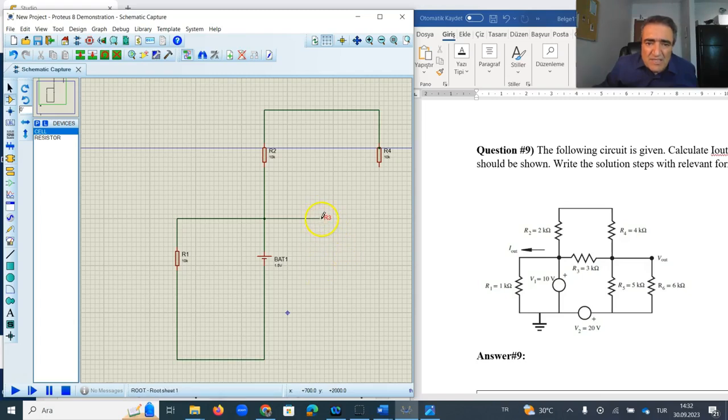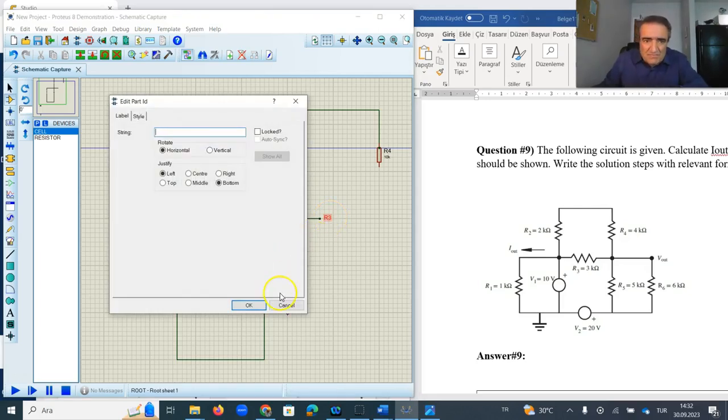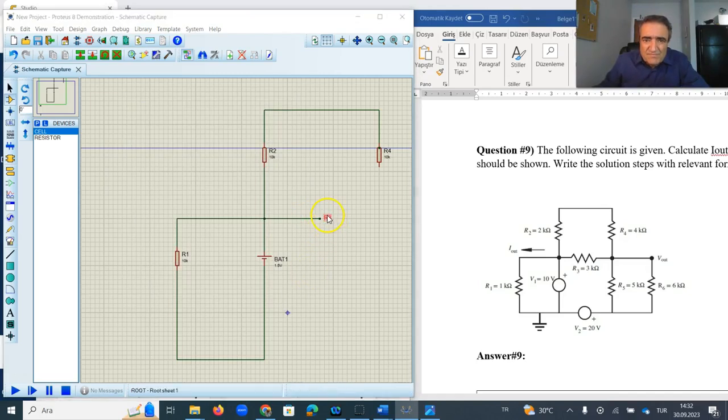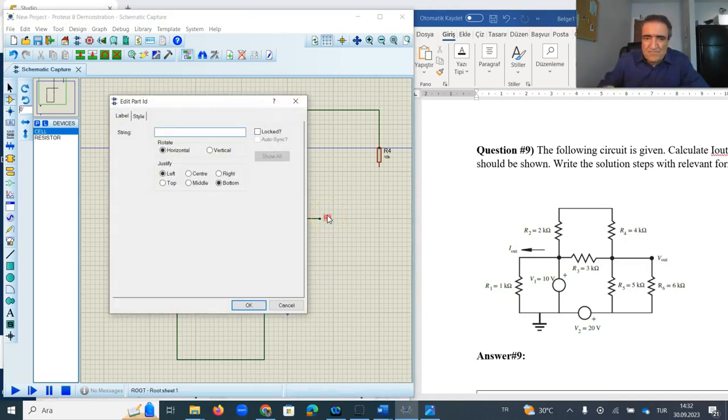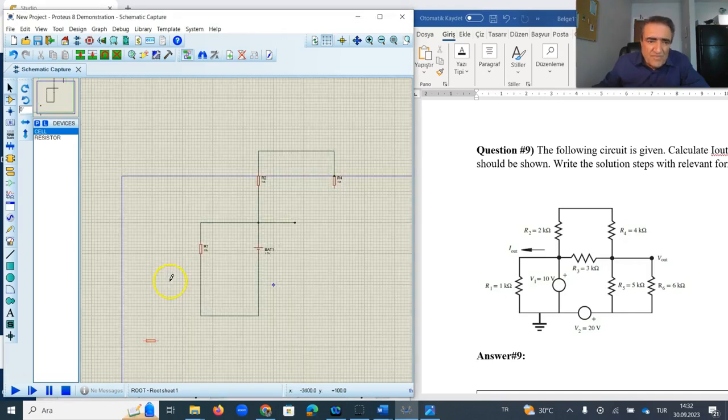Oh, but I didn't bring R3 correctly. Okay, where is our R3?